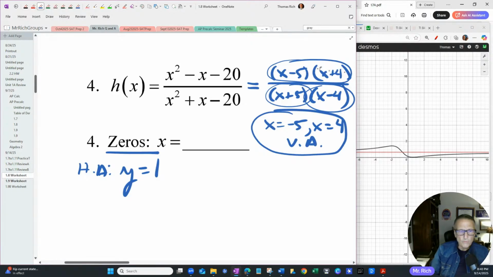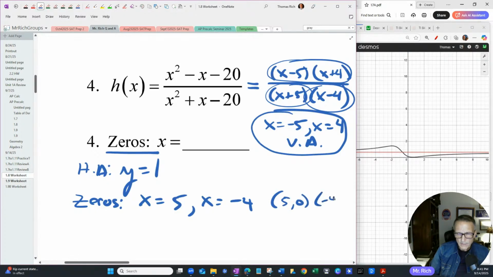So when I set that numerator equal to 0, it's going to be x equals 5 and x equals -4. When I set the numerator equal to 0, that means I'm going to have x-intercepts at (5, 0) and (-4, 0). And there we go. So that's what we have there.